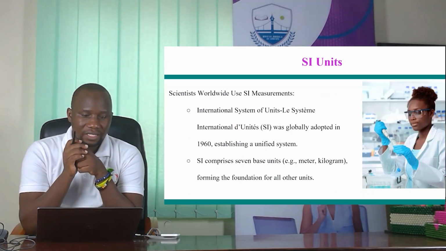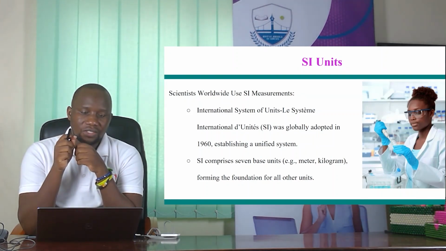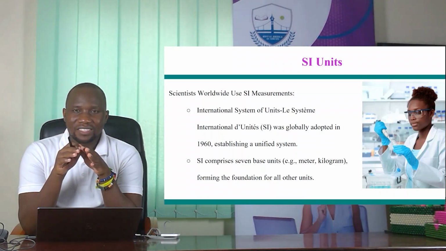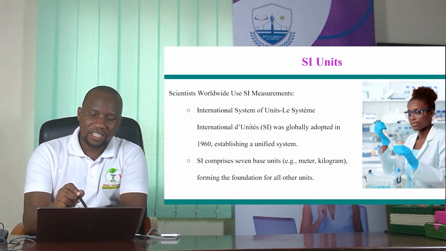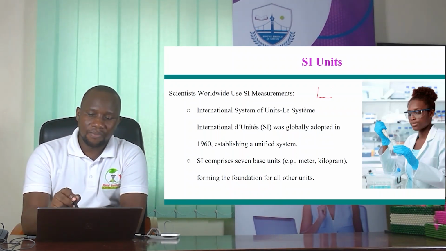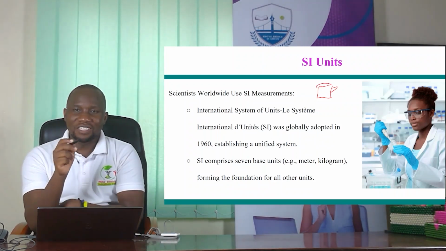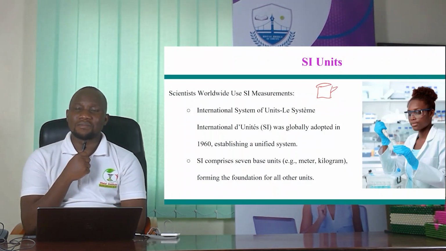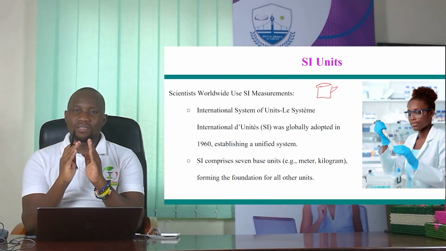So, let us now come to what we call the international system of units. Remember the example of the cup? If you say that everyone is going to receive a cup of milk at school, the cup of milk that you're using is not the same cup of milk that I am using, because others are big, others are small.